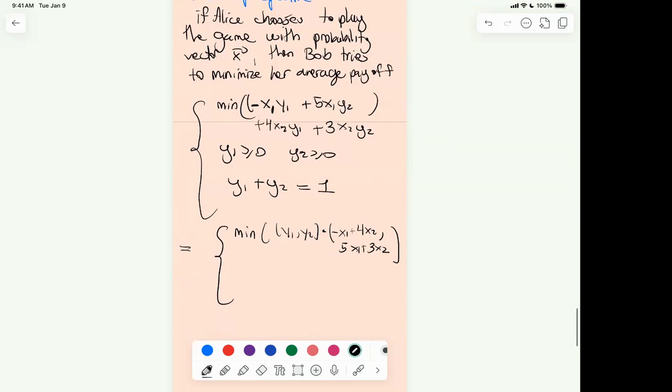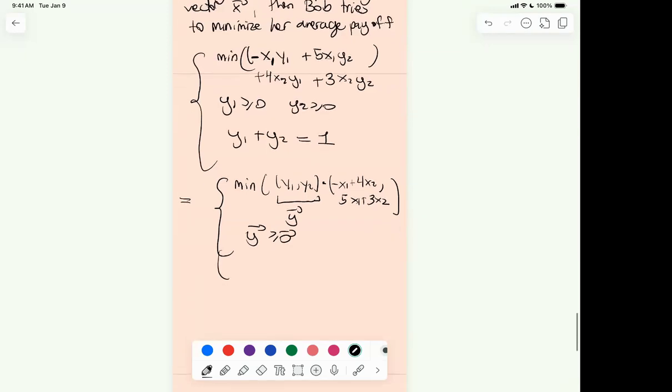And then this is the vector y. So the restrictions are that y is non-negative, and that 1, 1 times y1, y2 equals 1. And so this is the matrix A for this optimization problem.